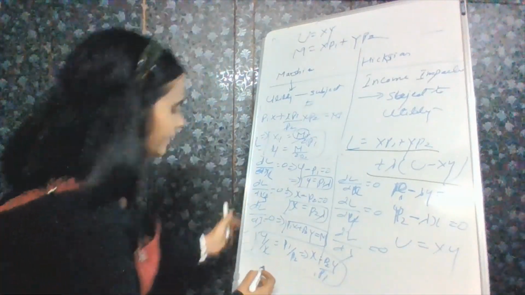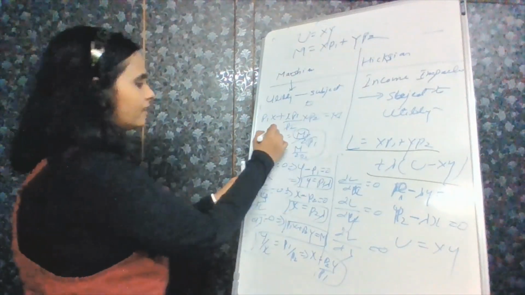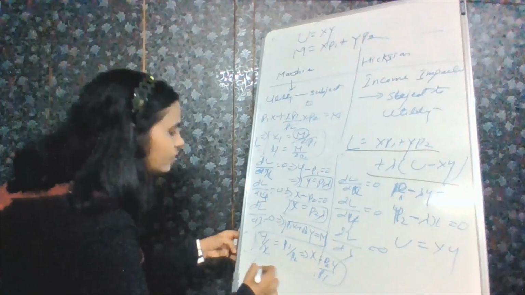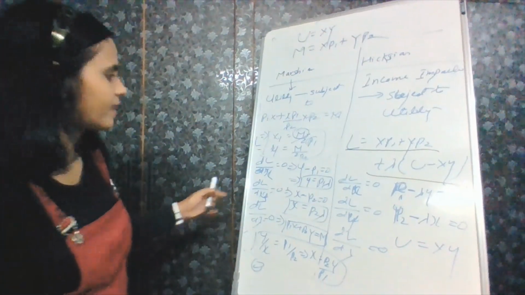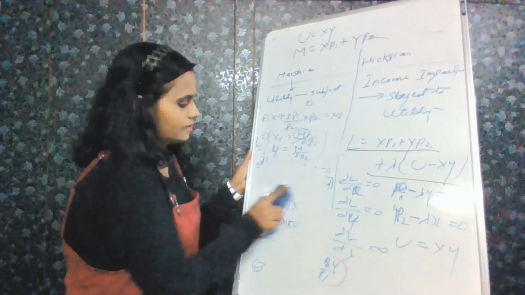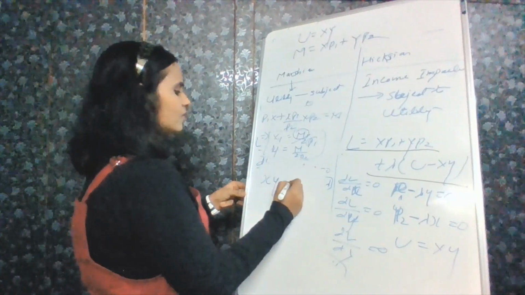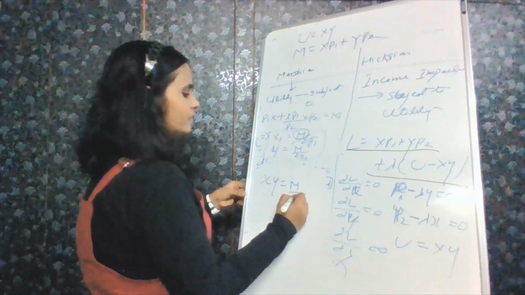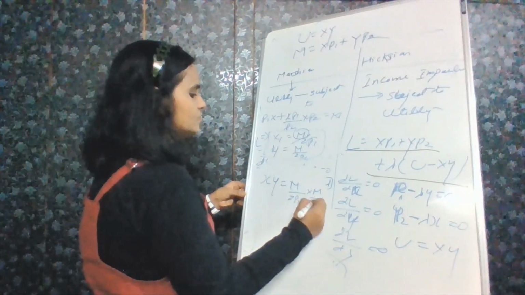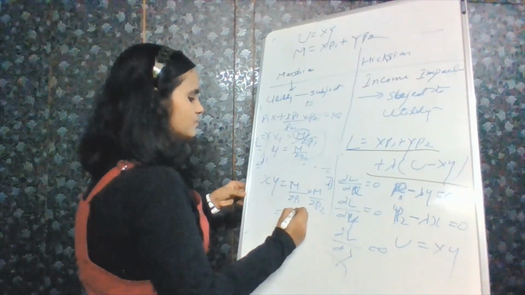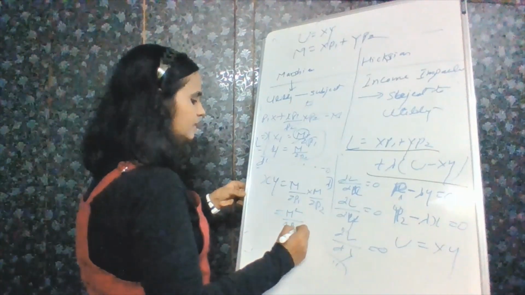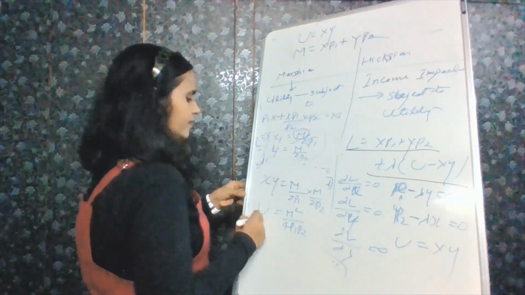In the Marshallian case, you have derived x and y, so your utility becomes xy equal to m by 2p1 into m by 2p2, which is m squared divided by 4 p1 p2.